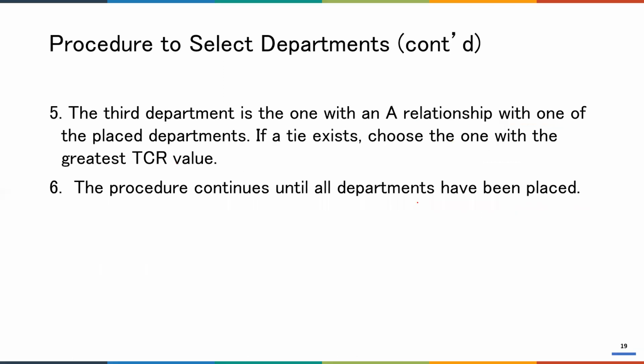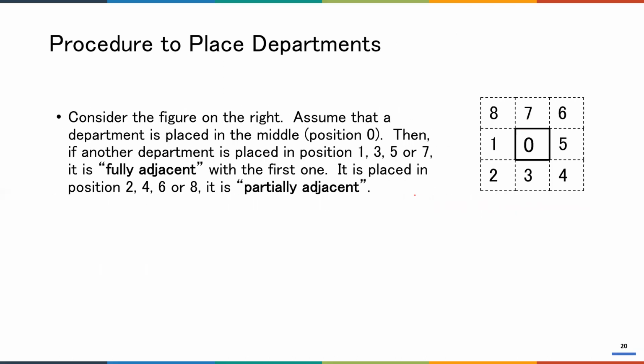So maybe to make it easier, we can try to do it directly with this example. What you need to understand is that we need to use the concept of adjacent, fully adjacent, and partially adjacent, and have a value for that. So for a_ij, or adjacency: if activities i and j are adjacent, usually we give it a value of 1. If not adjacent, then we give 0.